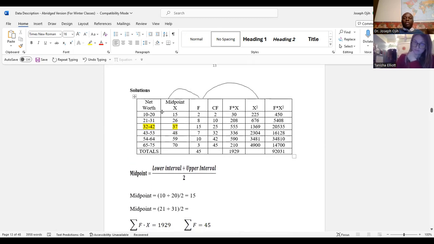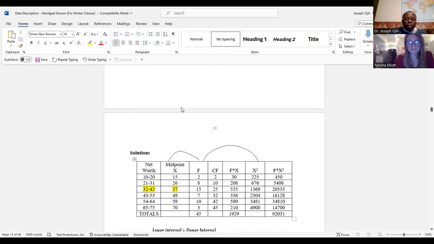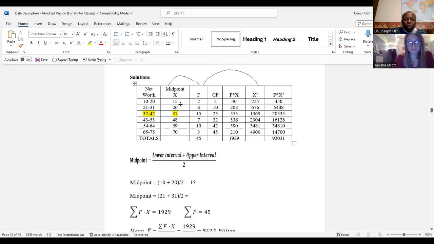Okay. Any questions before we answer the remaining two questions? Okay, good. How did you determine the modal class? Remember what the mode is, right? Mode is the number that occurs most often, the number that has the highest frequency.